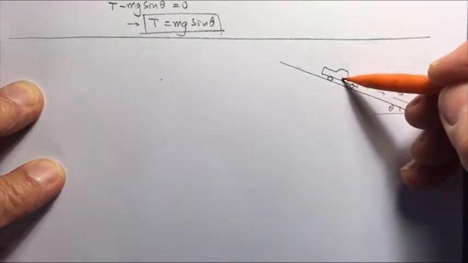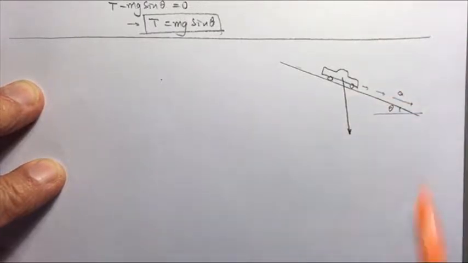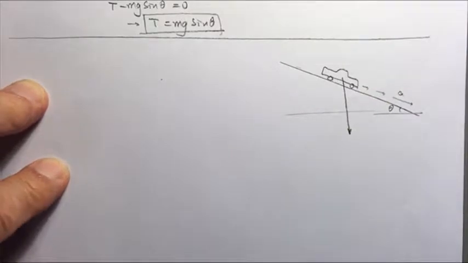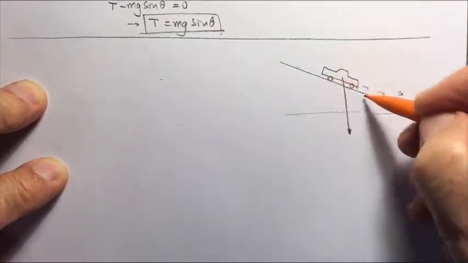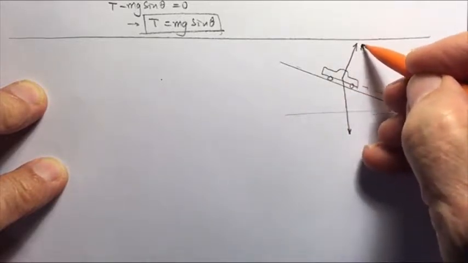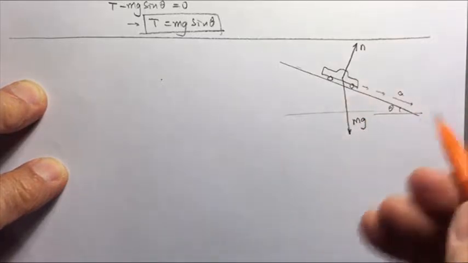and this angle is taken as theta. So again, the weight acts vertically down, and always try to make a nice figure. If this is the horizontal, the weight will be perpendicular to, or vertically down. The normal will be perpendicular to this surface. That's the normal, that's the mg.